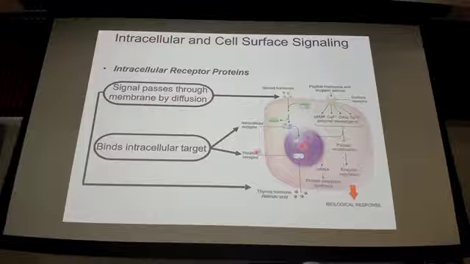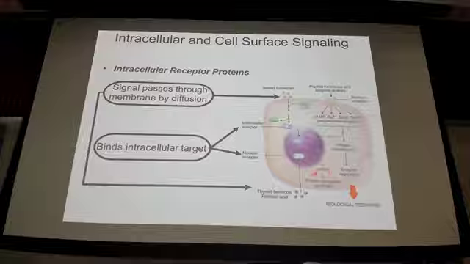That will cause transcription factors to either replicate and transcribe DNA in order to translate it to messenger RNA and protein, and that will lead to a specific biological response.